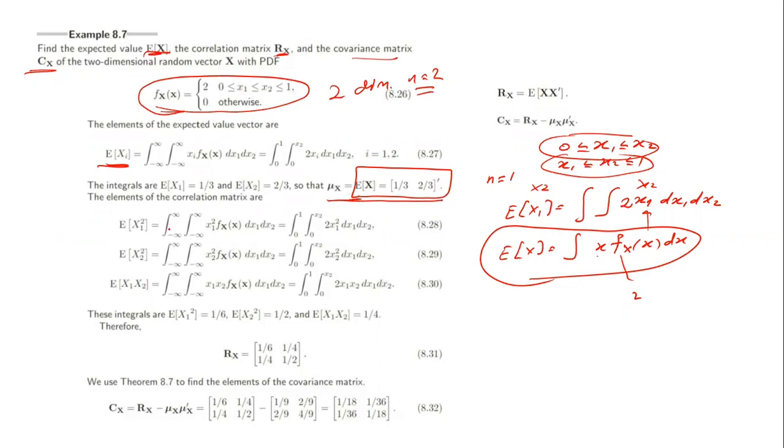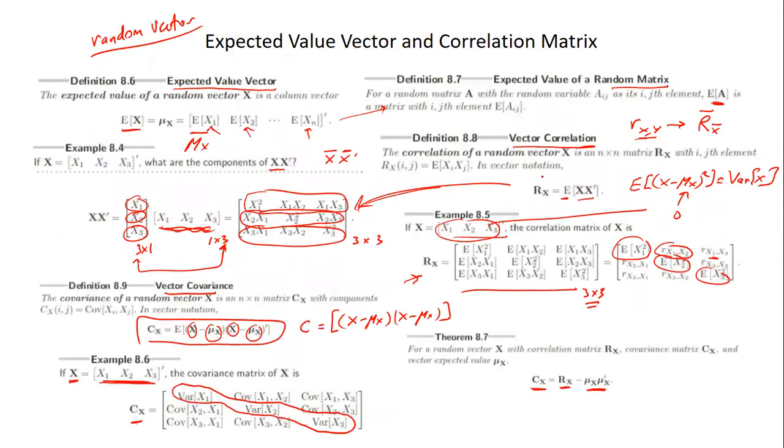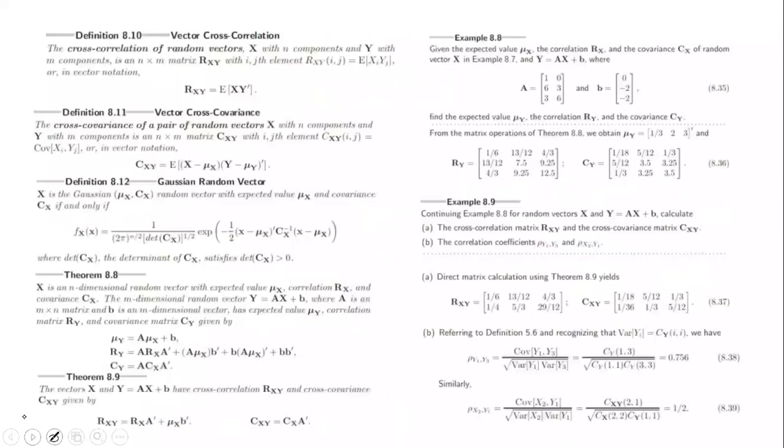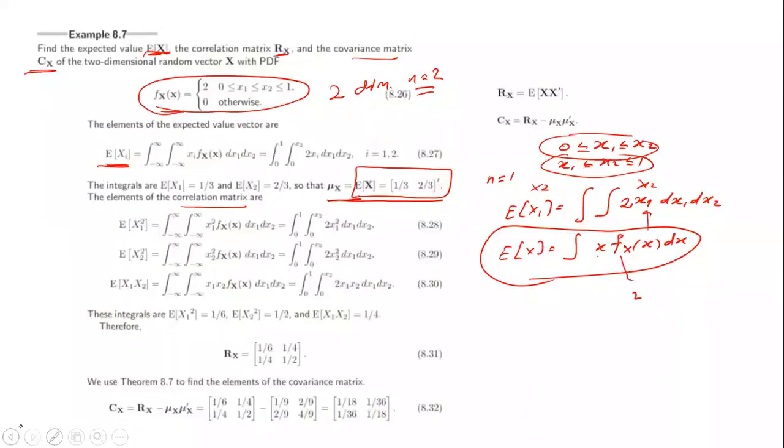Next, the correlation matrix. Remember the correlation matrix in the previous slide; the correlation matrix was this. So we use it. We need to find the expected value of x1 squared, which is very well known from variance.